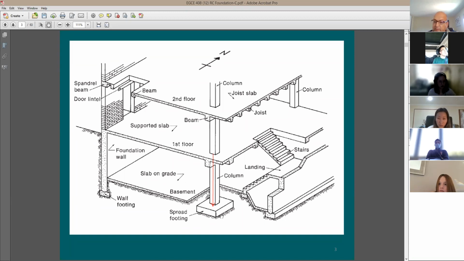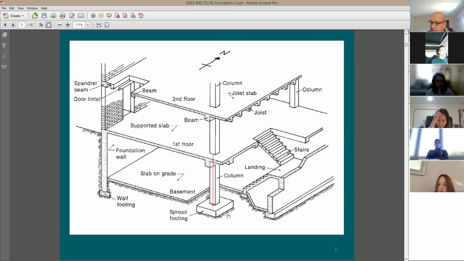So this allowable soil bearing pressure, we don't want to exceed when it comes to the applied pressure coming from the column. So based on this vertical load or axial load coming to the column, it's going to get transferred to the pad, and then from the pad to the soil. So the contact pressure between the footing and the soil is going to be equal to this vertical load divided by the area of the footing, or contact area between the footing and the soil.